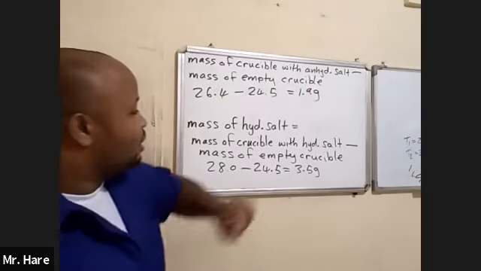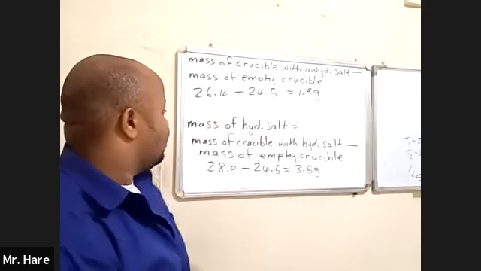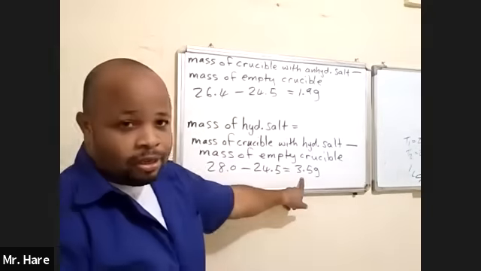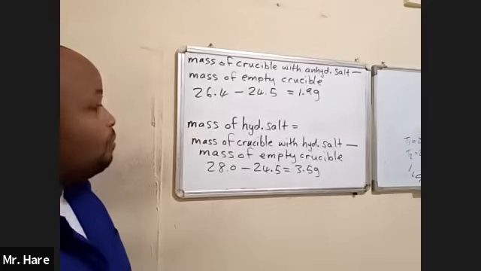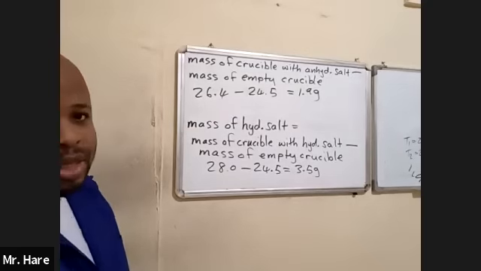So once you have the mass of the anhydrous salt and the mass of the hydrated salt, we're going to calculate the mass of water that was lost.